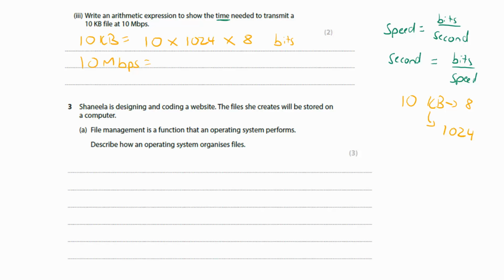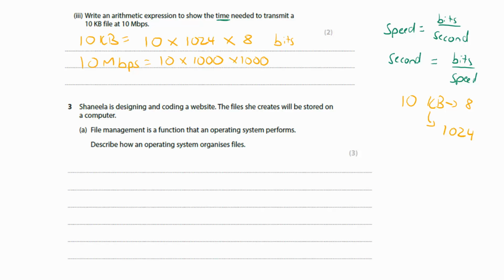So we have 10, times 1,000, which is mega, times 1,000, which is kilo, and that's it. This is just converting it to the base units.